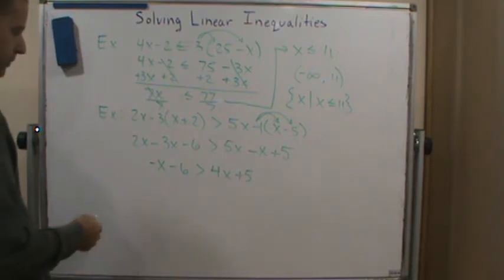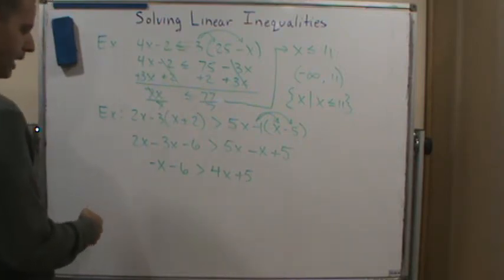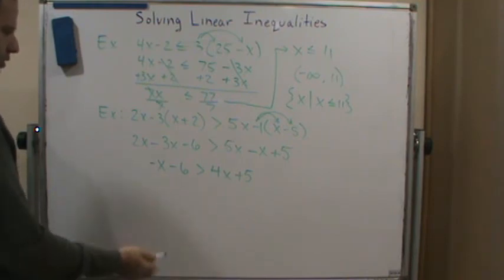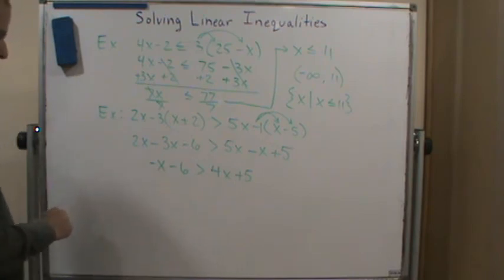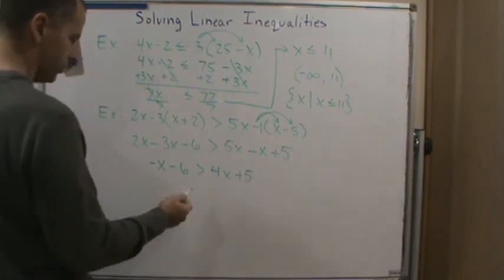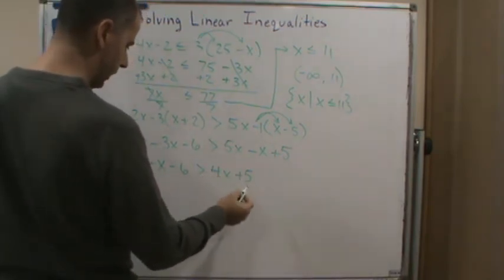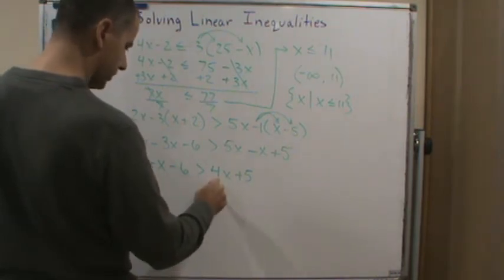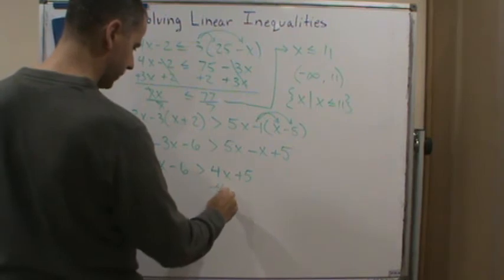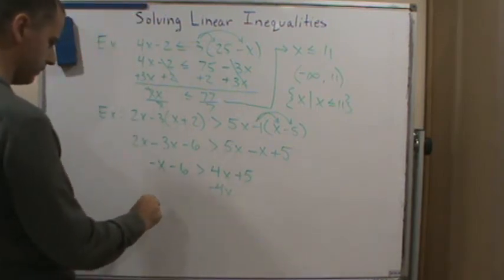Okay, so now I'm going to move everything to one side, all the variables to one side, all the constant terms to the other side. Okay, so here, let's subtract 4x from both sides.